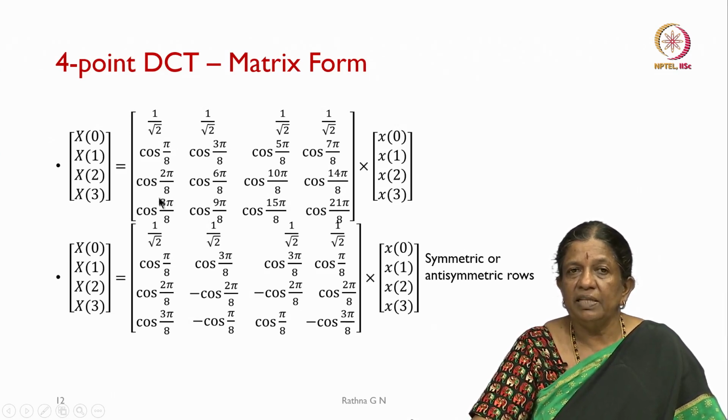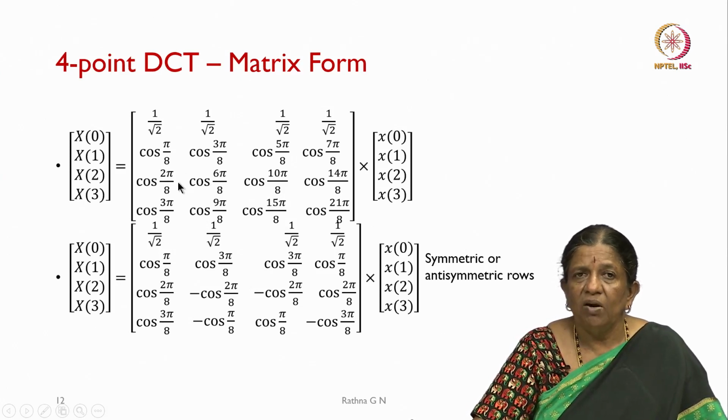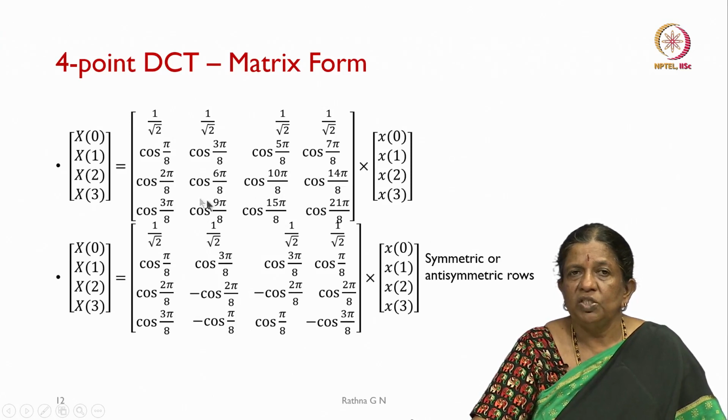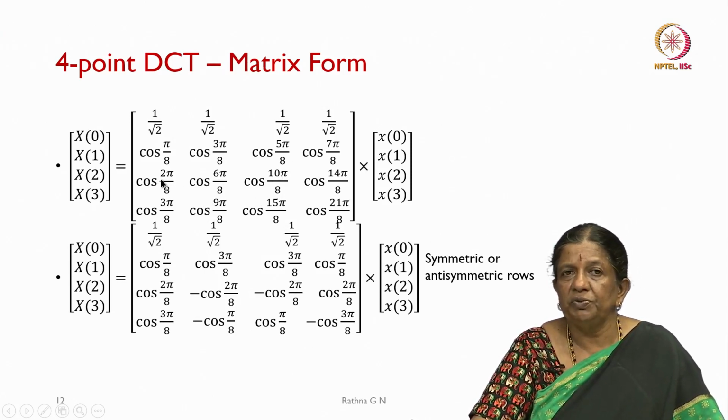You will see in the third row it is going to start from 2 pi by 8, and then you are going to add 4 pi to this. So, you get 6 pi, then 10 pi and then 14 pi. Because x of 2 is multiplication by 2 into 2, which is 4, it will be plus 4 pi.